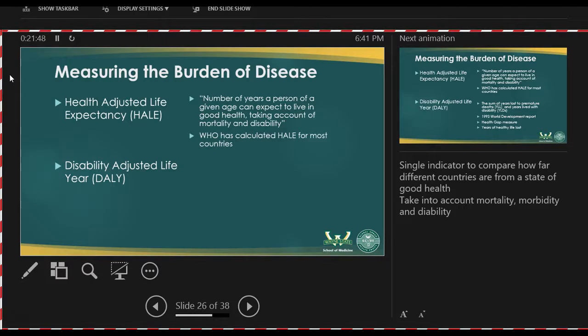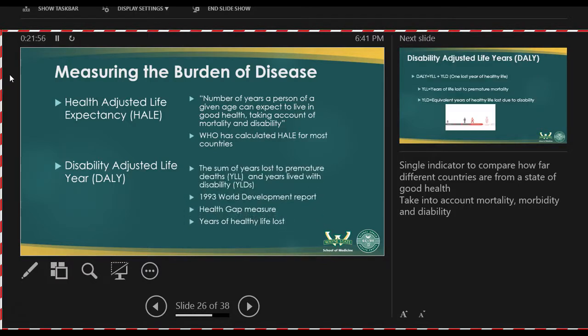So the HALE is a number that's given for health-adjusted life years for different countries. And then you have disability-adjusted life year, which is calculated for each condition. It's the sum of years lost to premature deaths and years lived with disability. Again, it came out in the 1993 World Development Report, the same time the HALE came out. So it does the health gap measures and years of healthy life lost.